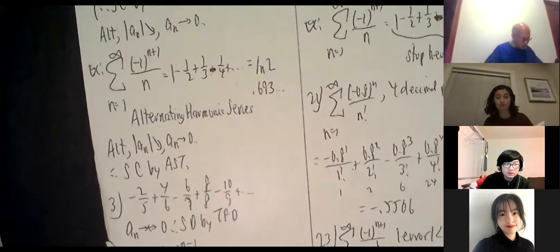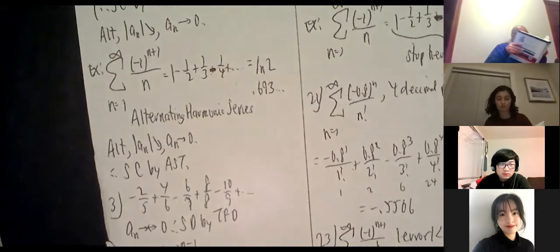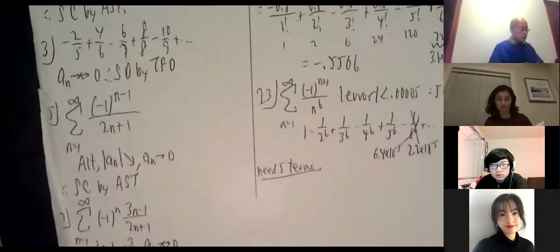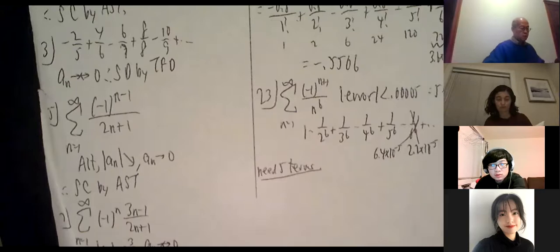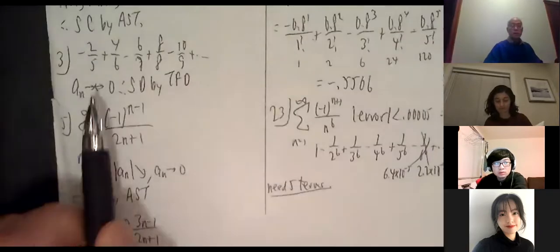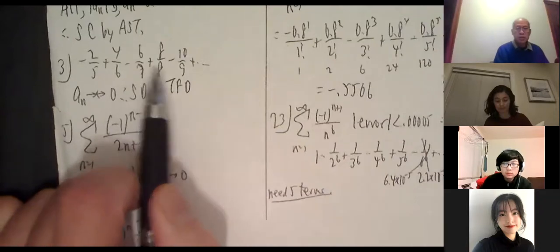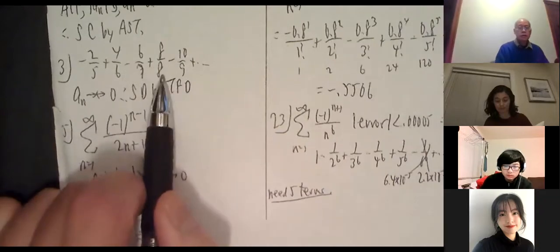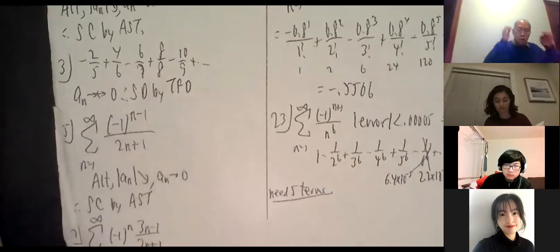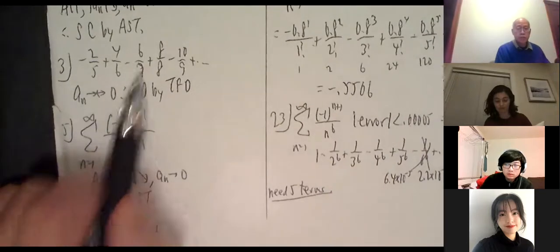Okay, so some examples now. Number 3. And a lot of these don't match, so I may just have to do them for you. Okay, negative 2/5 plus 4/6 minus 6/7, and so on. Is it alternating? Yes, it's definitely alternating.